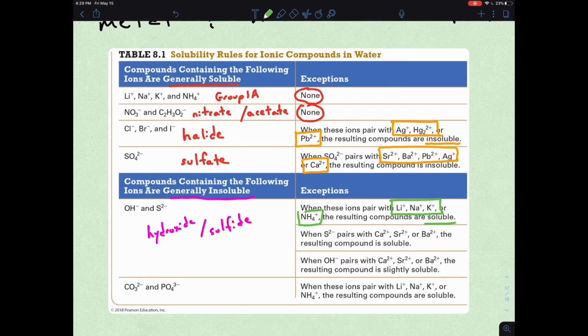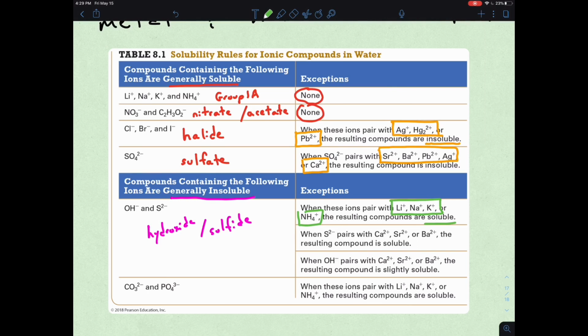And notice that that's really the first part of the table, right? That lithium, sodium, potassium, ammonium, there are no exceptions. They're always soluble. So that's why sodium hydroxide is very soluble. It's because of that one partner, the sodium. And then we have some other examples with the sulfides.